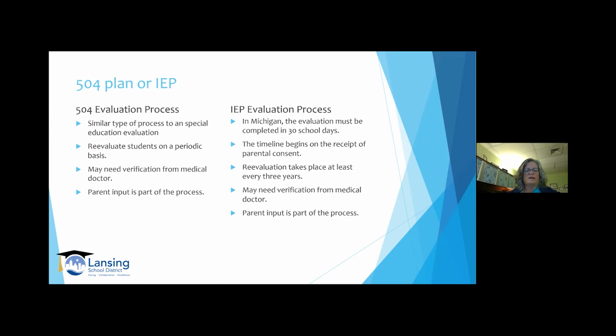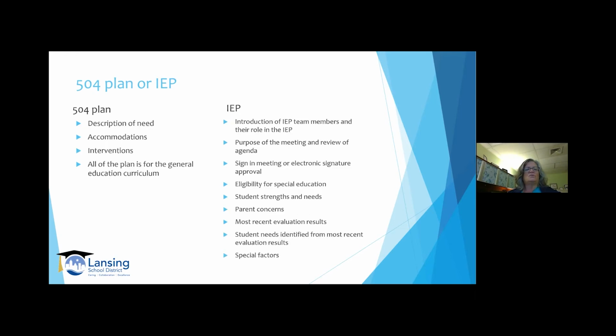We are going to be moving on to the plan itself and what is actually contained in each of the types of plans. You're going to see here that the 504 plan is much shorter, and there are just a few components in that part of the plan.